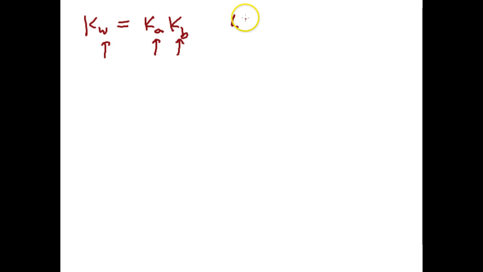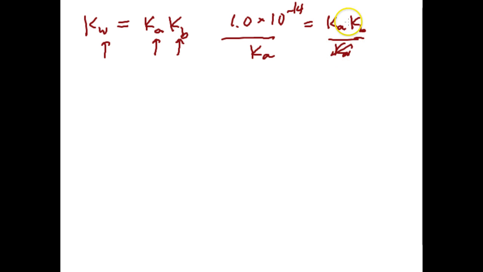Remember? That constant is 1.0 times 10 to the minus 14. And so that constant equals Ka times Kb. So we need Kb. So I can just solve this for Kb by dividing both sides by Ka, of course.